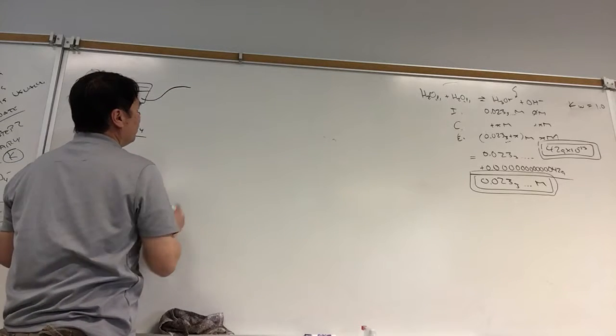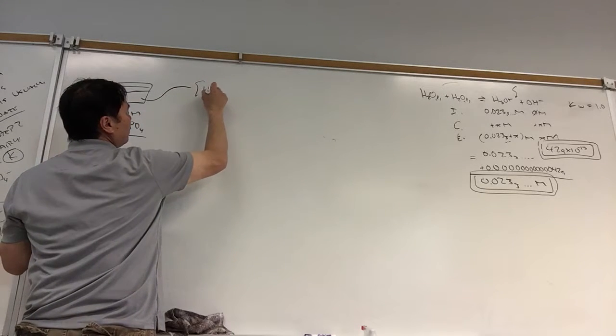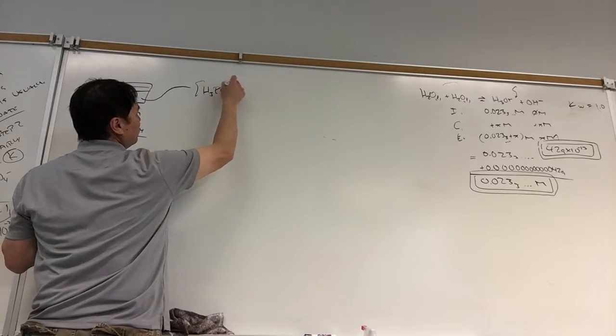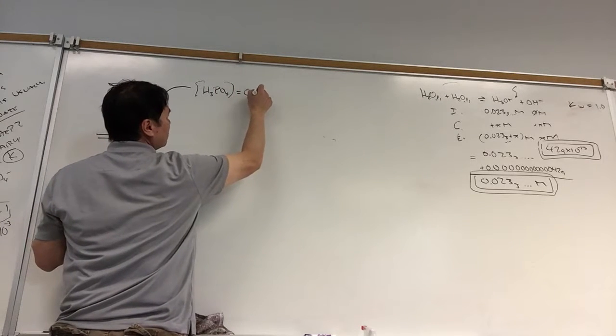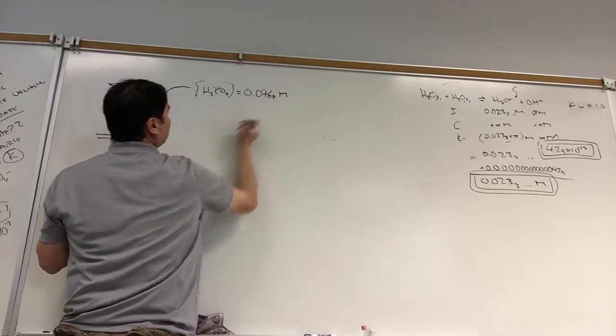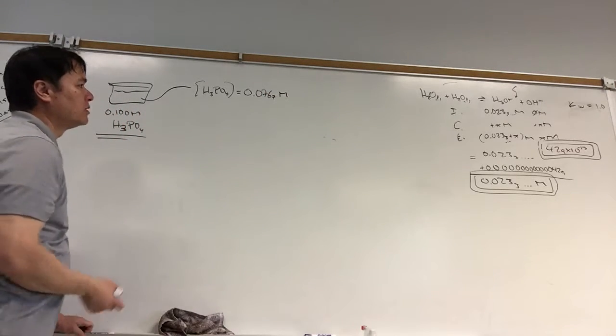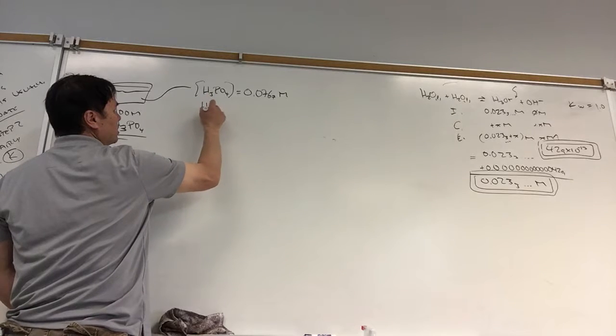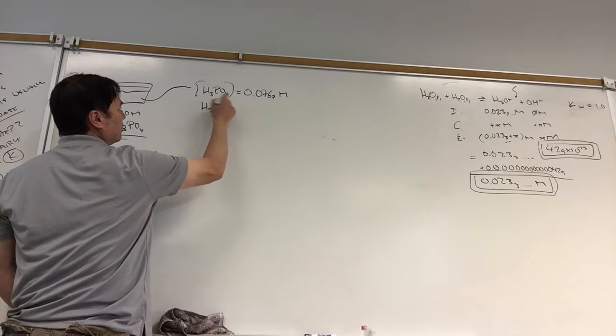And so let's look at all the species that are present. First, we're going to have H3PO4, the phosphoric acid molecules. This is 0.0767 molar.